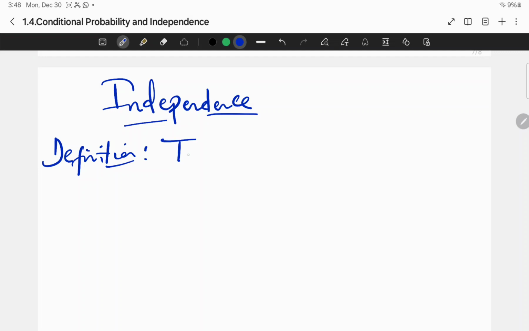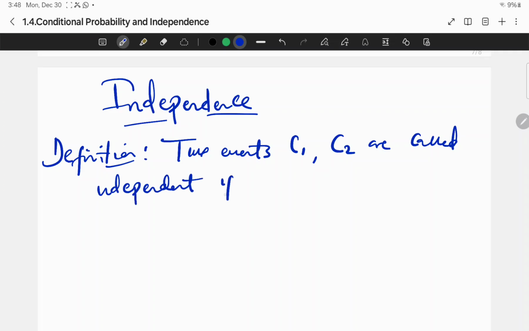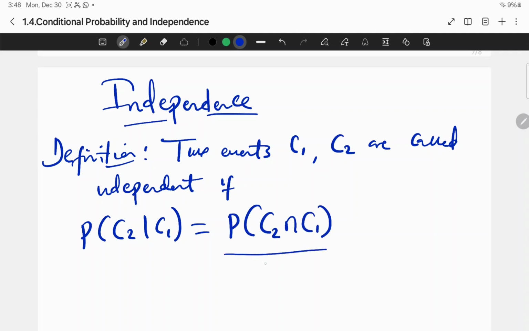Two events C1, C2 are called independent if the probability of C2 given C1, by the definition, is equal to the probability of C2 intersection C1 over the probability of C1, but these are independent if this is equal to the probability of C2.